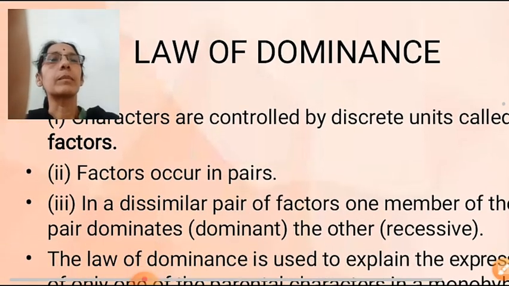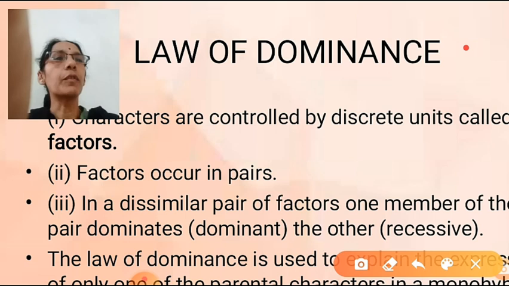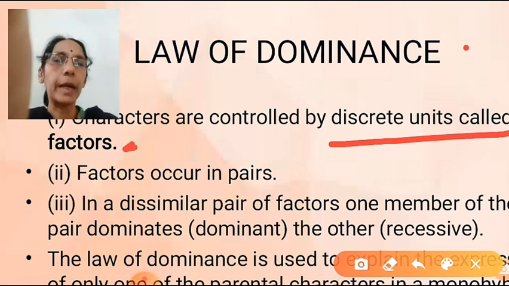After this monohybrid, Mendel formulated two laws of inheritance. The first law is called the law of dominance. According to this law, characters are controlled by a discrete unit called a factor.